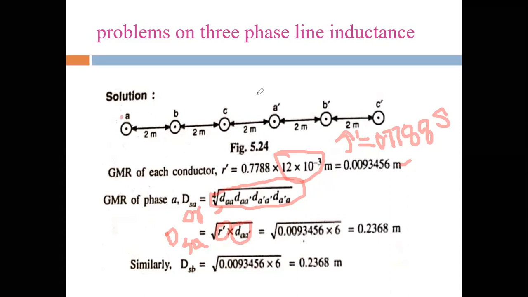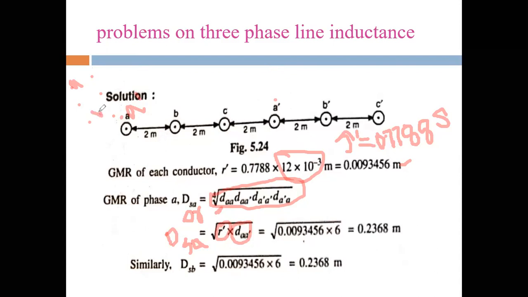This is A and this is A dash. What is the distance between A and A dash?